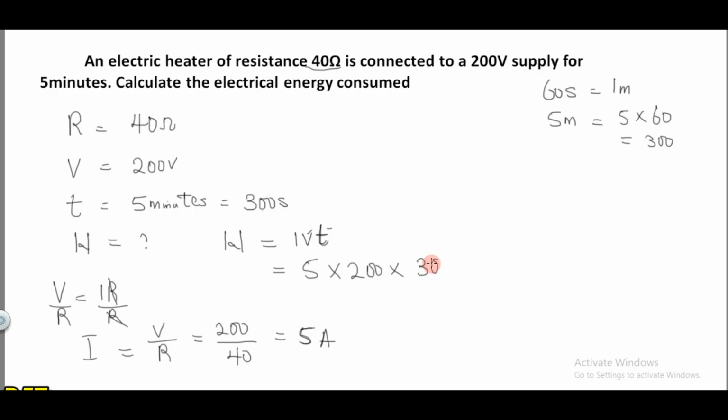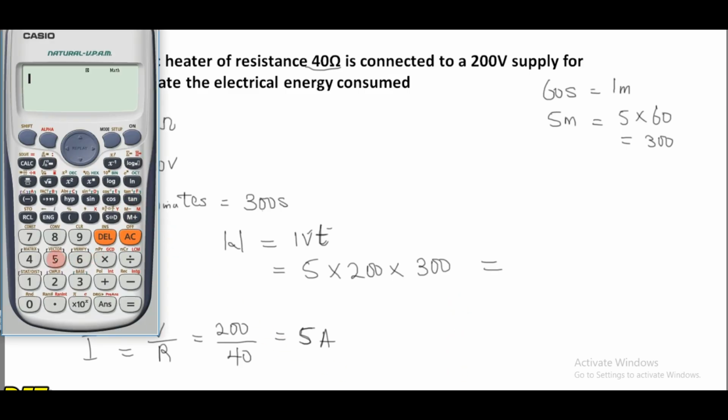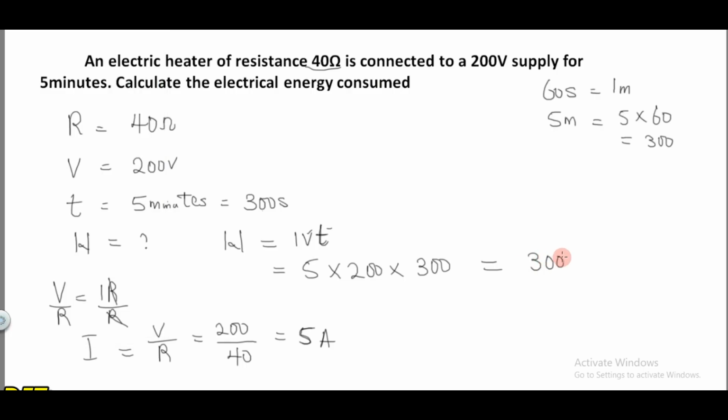So 5 times 200 times 300 is equal to 300,000. That is 300,000 joules. This is the electrical energy that is consumed.